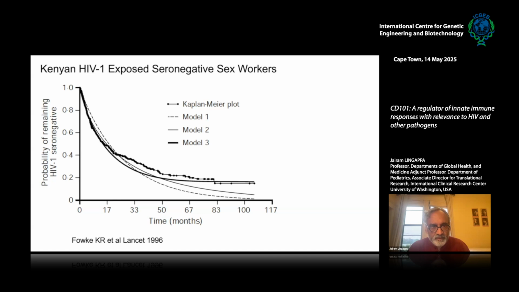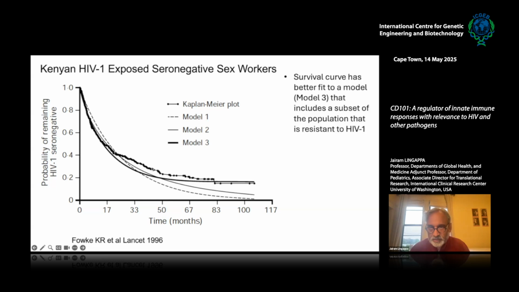And this graph of the probability of remaining seronegative for this cohort shows the data, the survival analysis curve, shown in the black dots. I don't know if you can see my pointer. So these black dots show the actual HIV infection data of the cohort.